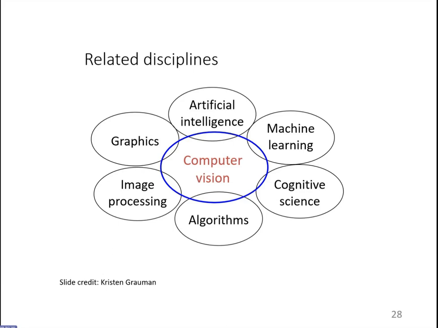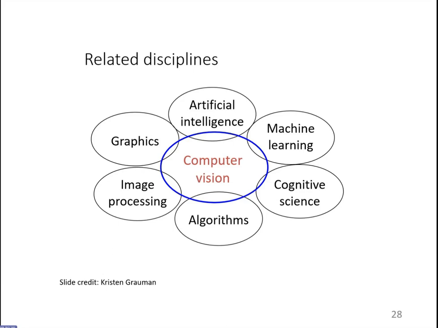I should say machine learning became very important for computer vision in the past 11 years when neural networks were used. Actually, neural networks have been used for computer vision for around 30 years.